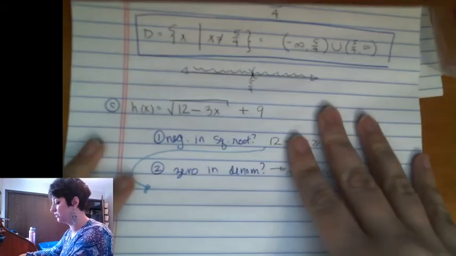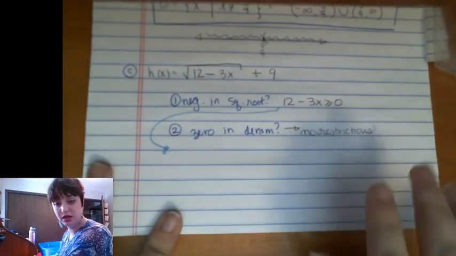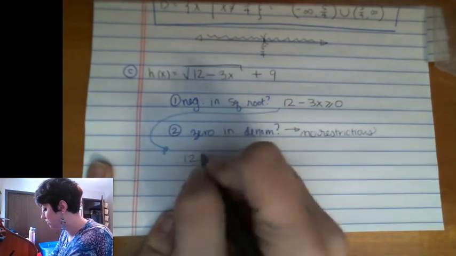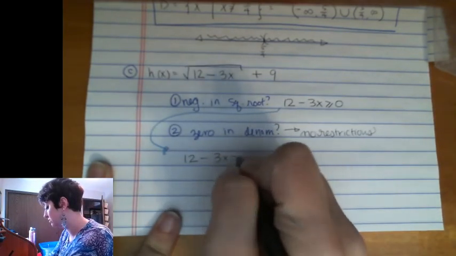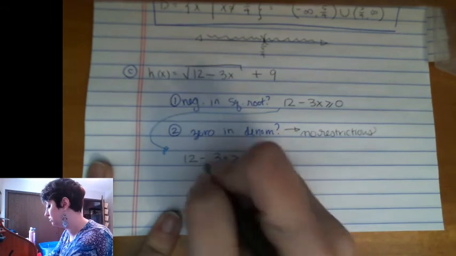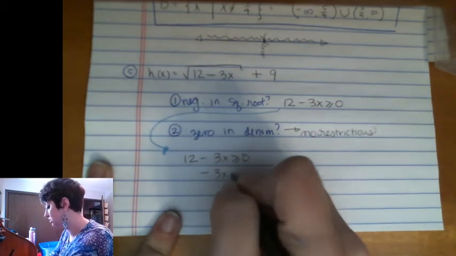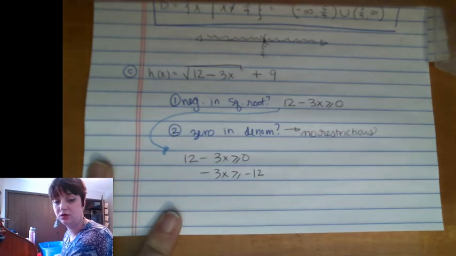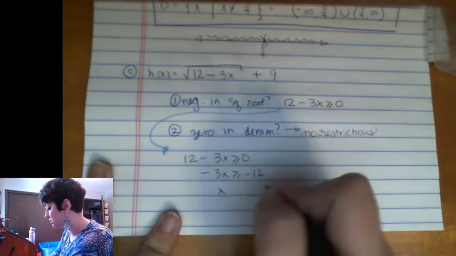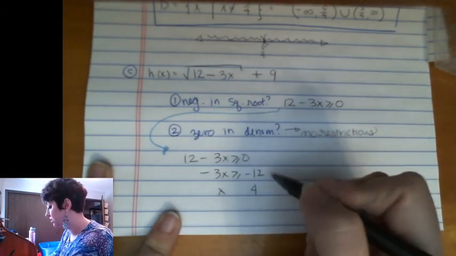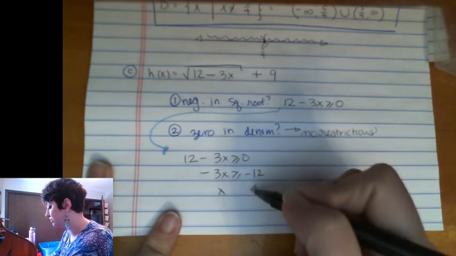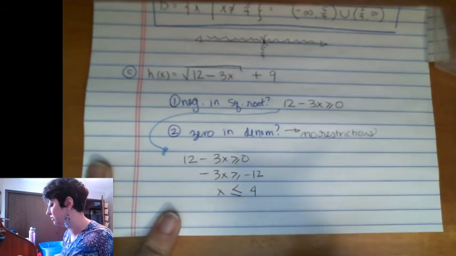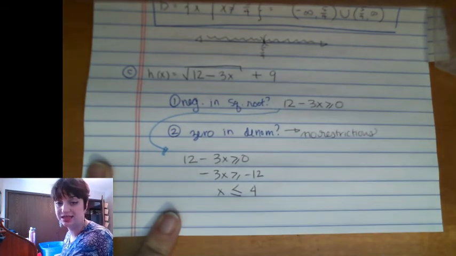Okay, so here's my solving I'm going to do. So 12 minus 3x bigger than or equal to 0. That gives me negative 3x is greater than or equal to negative 12. Divide by negative 3. So negative 12 divided by negative 3 is positive 4. And when you divide or multiply by a negative, you need to flip that sign. So x less than or equal to 4.